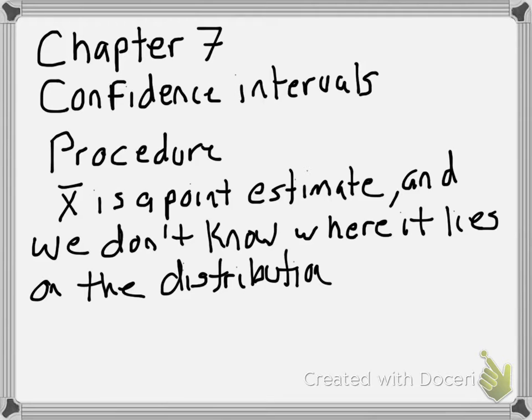Of sample means. For example, we might have some data that says that x bar is 252, and we know that that's somewhere on the normal distribution, but we don't know if it's to the right of the mean, if it's like 2 or 3 standard deviations away, or if it's to the left of the mean, or where it lies on the distribution of means.